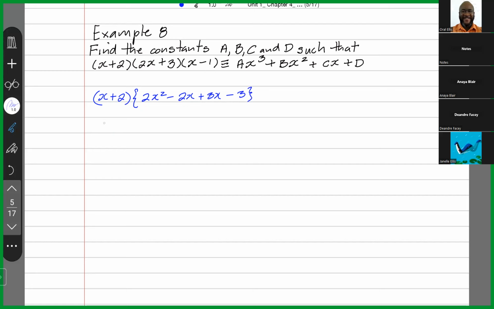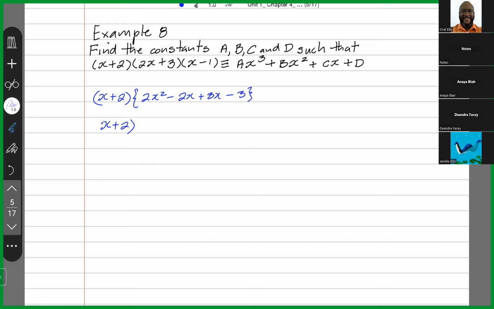Of course, minus 2x plus 3x is positive x.